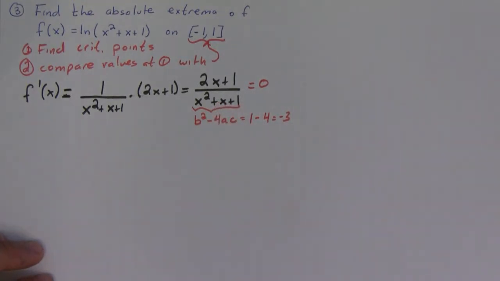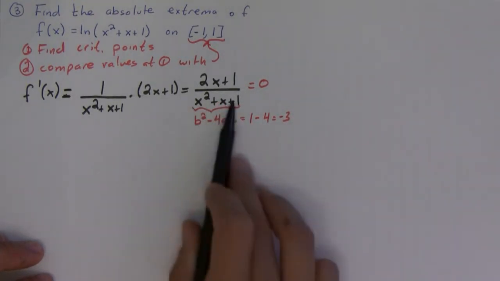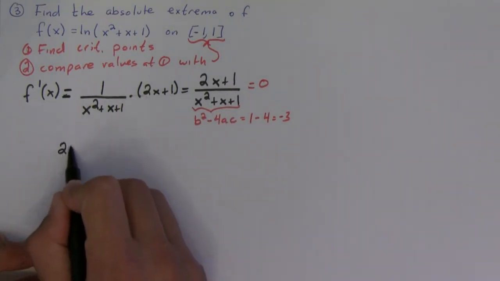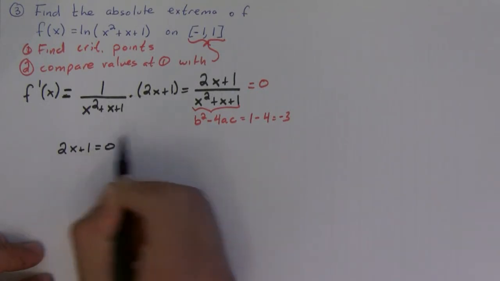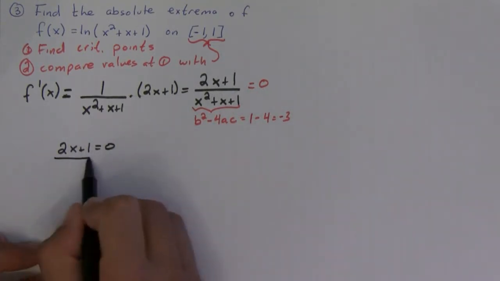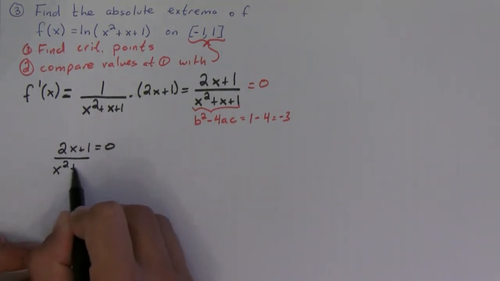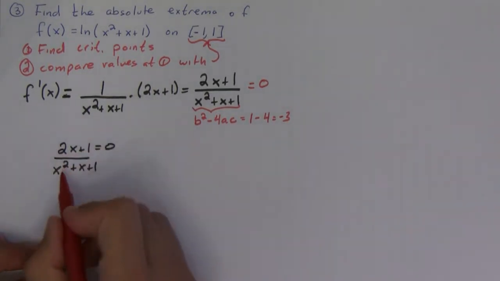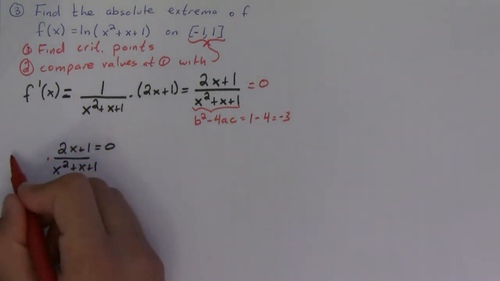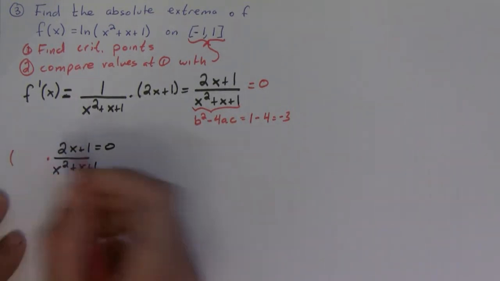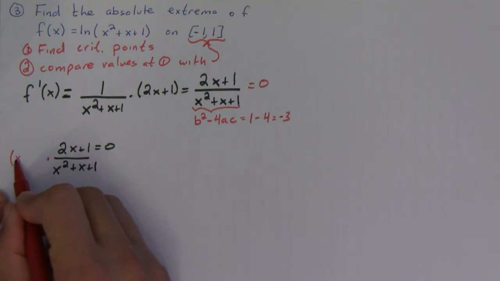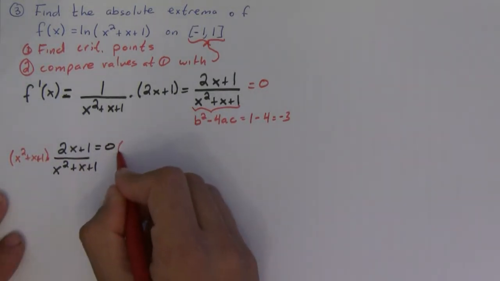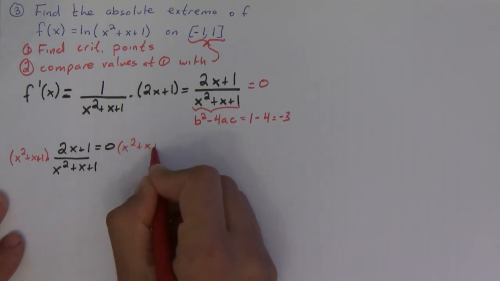So the good thing about that is that we don't have to worry about the denominator or the derivative being undefined. We just set the numerator equal to 0. Or, well, let's do it this way. You set the entire thing equal to 0, but since the denominator is never equal to 0, then you can multiply both sides by the denominator and get rid of it.